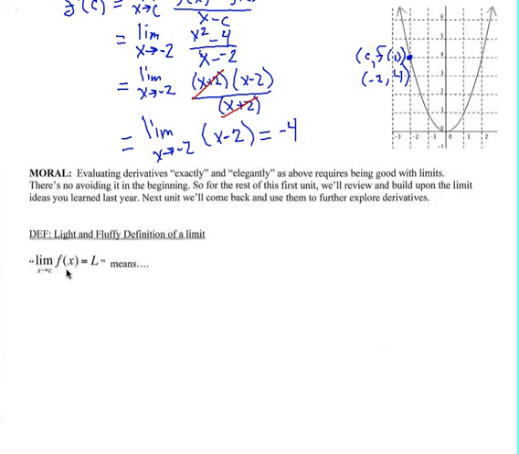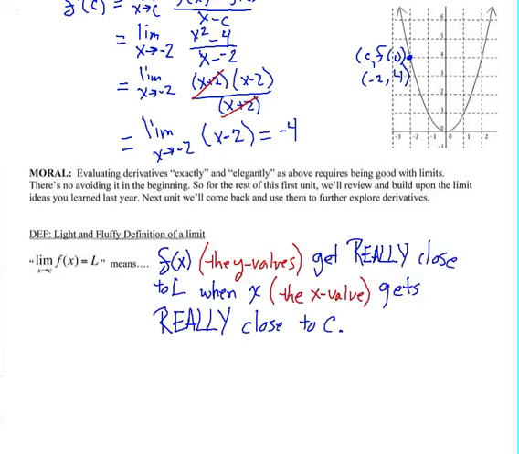This function, f of x, is going to get really, really, really close to L, as x gets really close to c. I'll put that in words for you. You can pause the video. And then just a quick little note here on the bottom.